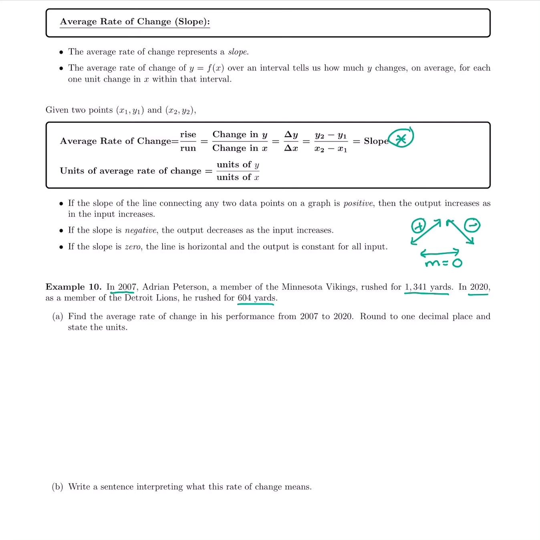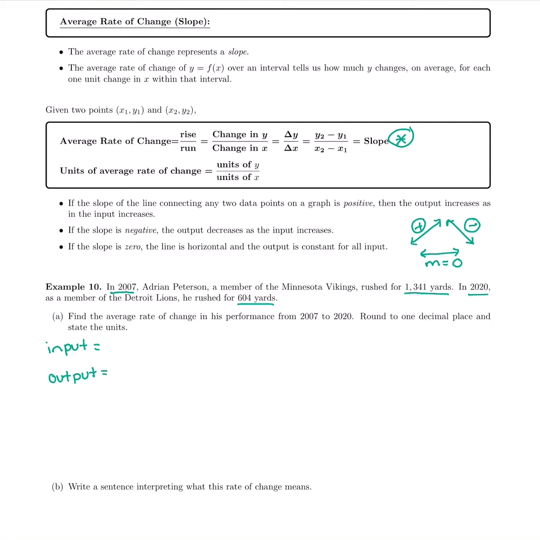So we're going to do the difference in y's over the difference in x's. One thing we need to figure out is what are we plugging in and what are we getting out? Are we plugging in the year that he played and getting out how many yards he rushed? Or do we plug in how many yards he rushed and then try to figure out what year that was?